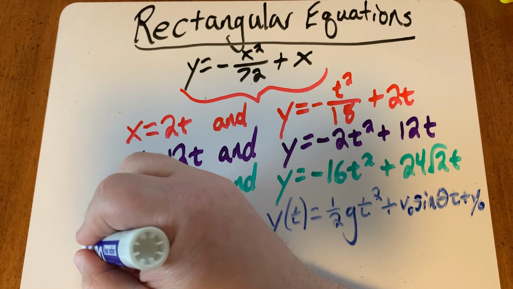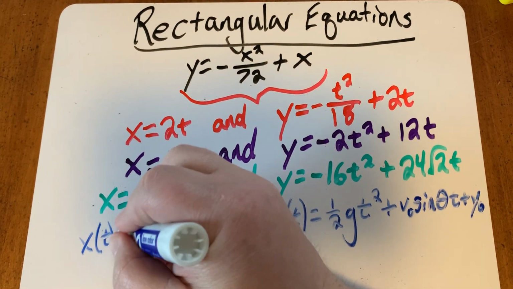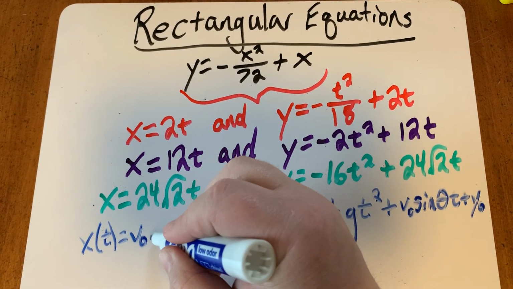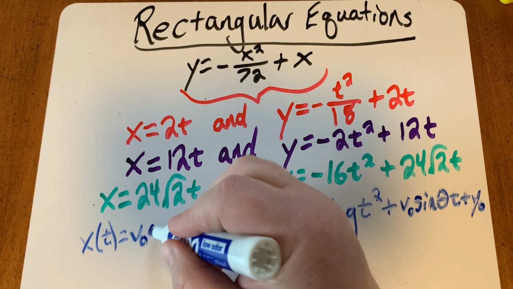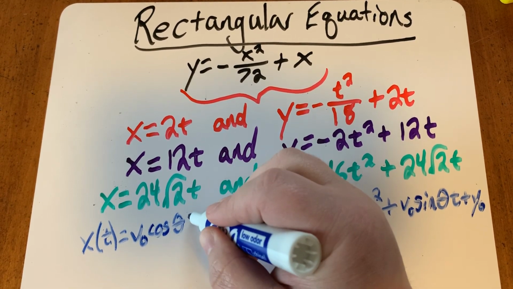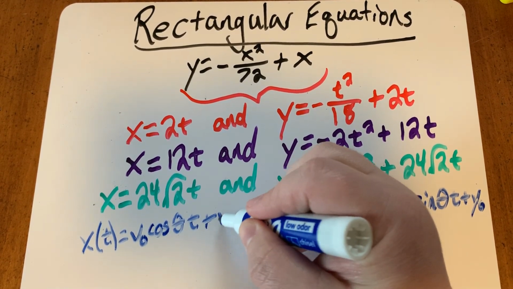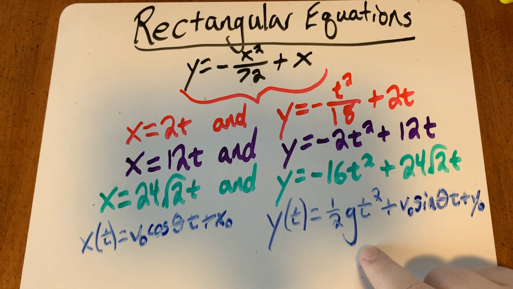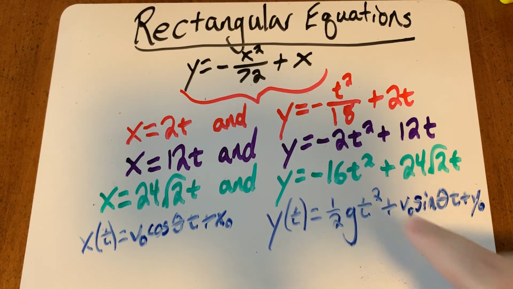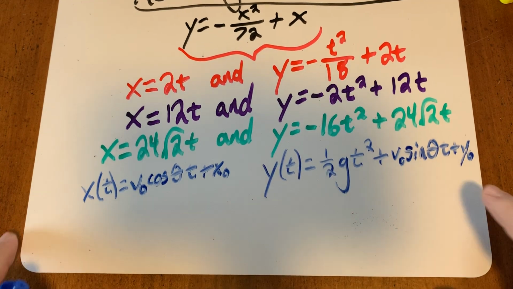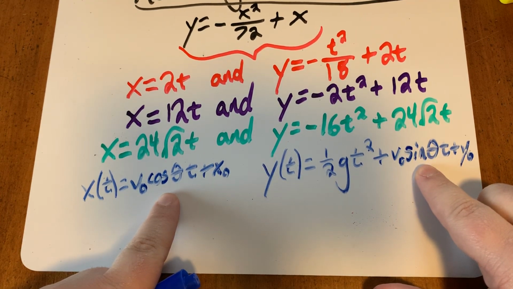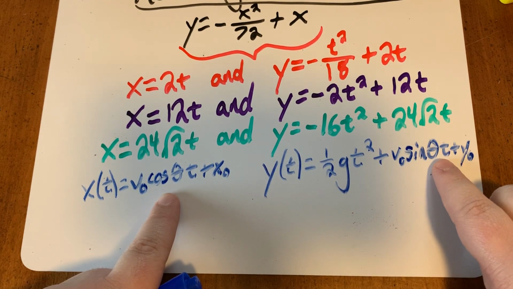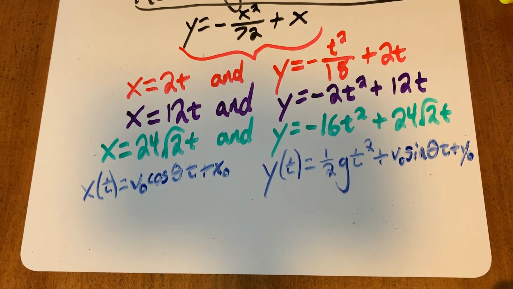And horizontally, it was the initial velocity times the cosine of the angle it was thrown at plus your initial horizontal position. So 1/2 times negative 32 gives us that. So this is the velocity times the angle it's thrown at, the velocity times the angle it's thrown at.